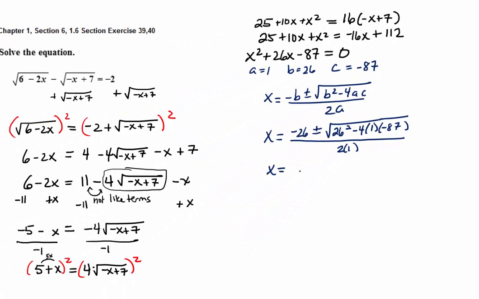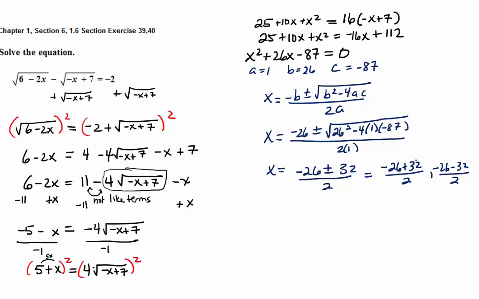Okay, so we're going to have negative 26 plus 32 over 2, or negative 26 minus 32 over 2. This is going to be 6 over 2, which is 3. And this one's going to be negative 58 over 2, which is negative 29.